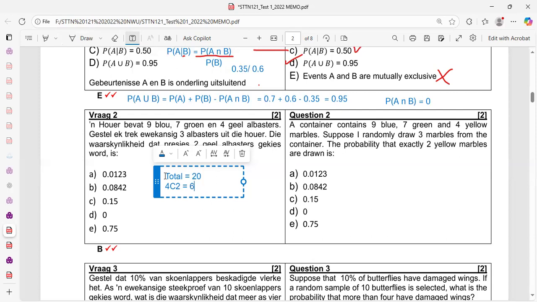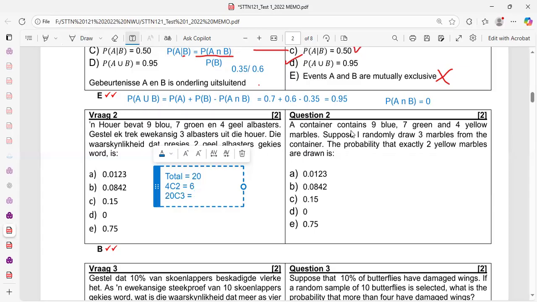The 6 comes from 4 yellow and combination 2. They told us I randomly draw 3 marbles from the container. The total number of marbles is 20, and you draw 3. So the total number of ways to draw those 3 marbles is 20 combination 3.